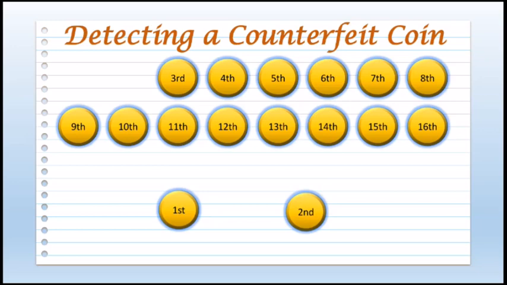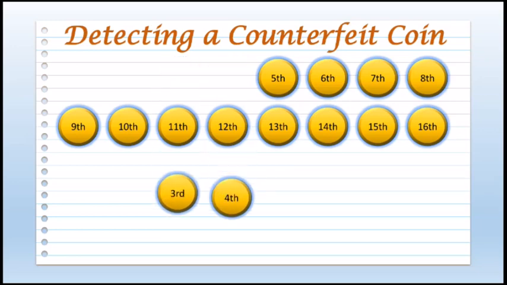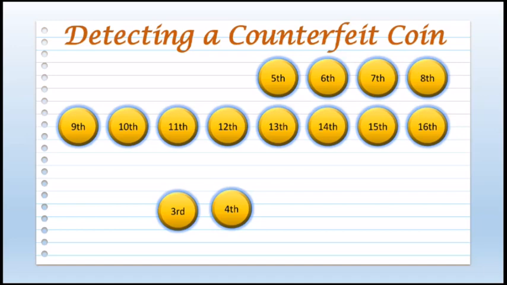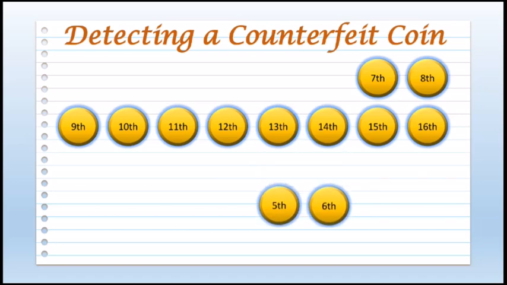If both coins have the same weight, we will compare the third and fourth coin. Again, if one coin is lighter, a counterfeit coin has been detected and we are done. If not, we will compare the 5th and 6th coins.